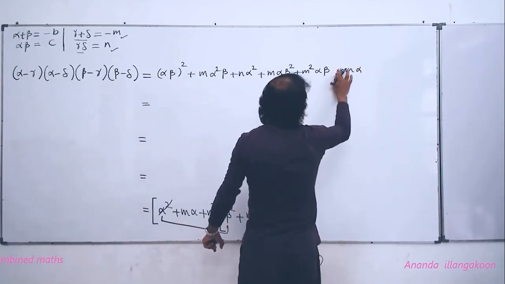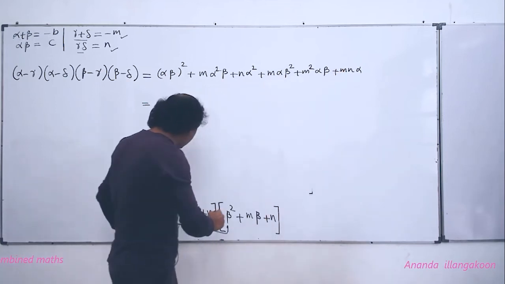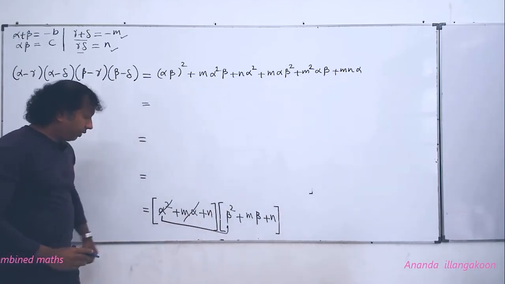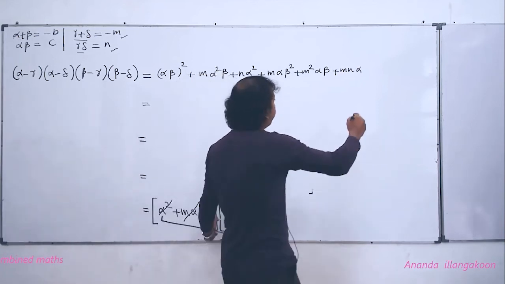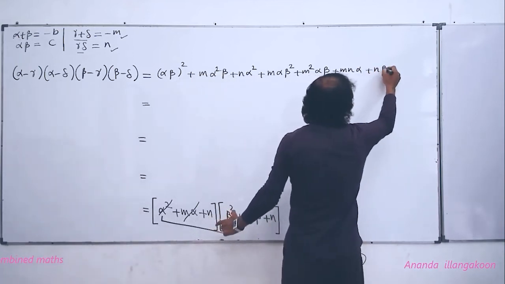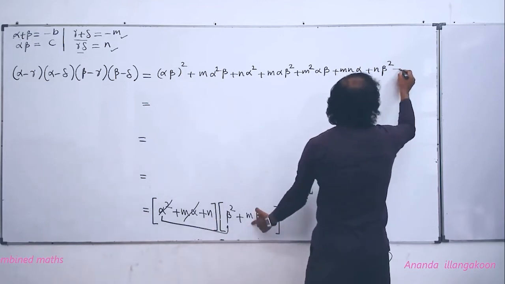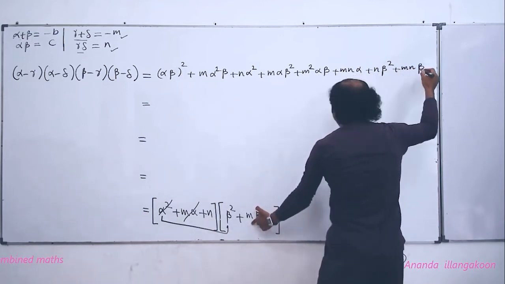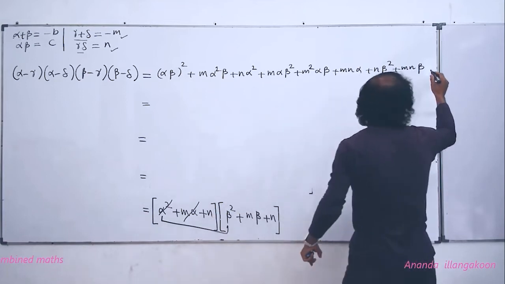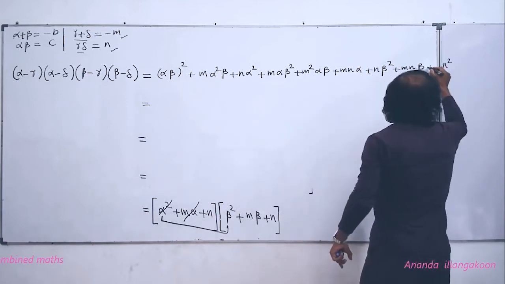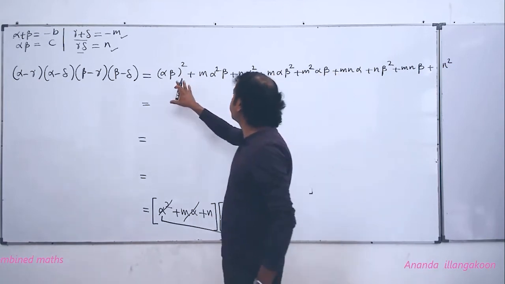M n alpha. Then by this also we have finished multiplying. Next one, n beta squared. N beta squared, m n beta, right? N and n squared. Okay, people, now we got the 9 terms.